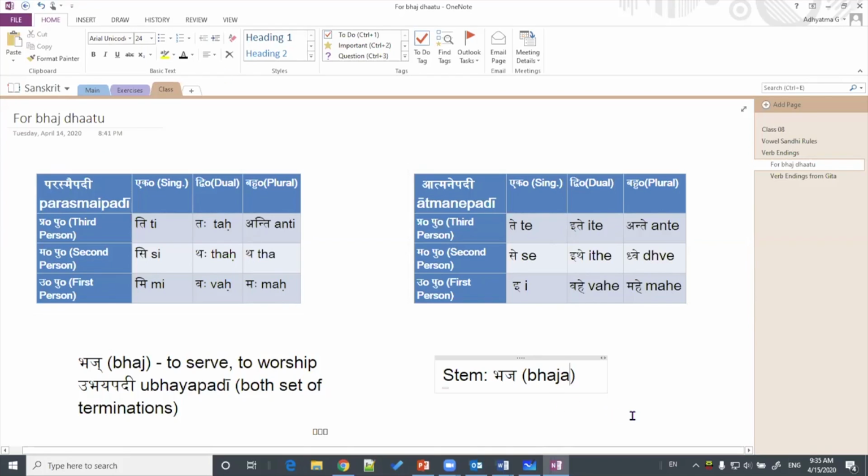Now the good news is that there are a good number of verbs, more than half actually, in the Dhatu Kosha, out of 2000, where the stem ends in akara. So if you know the stem, you can pretty much derive both of these forms, Parasmaipadi and Atmanepadi, very easily.